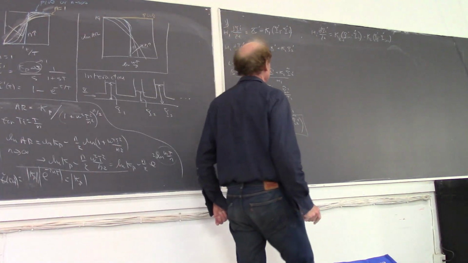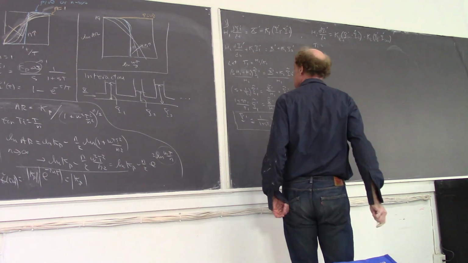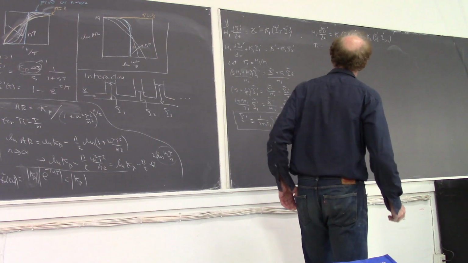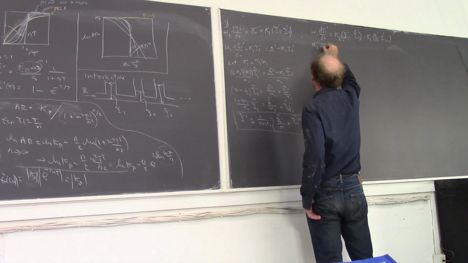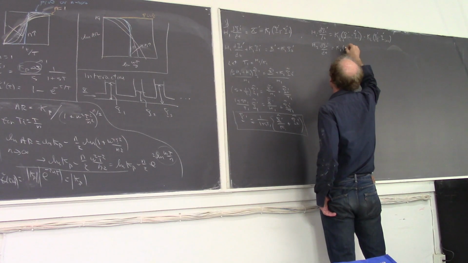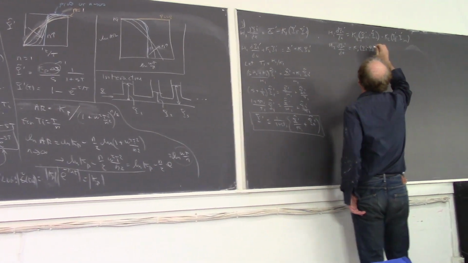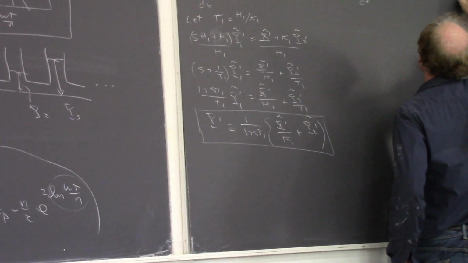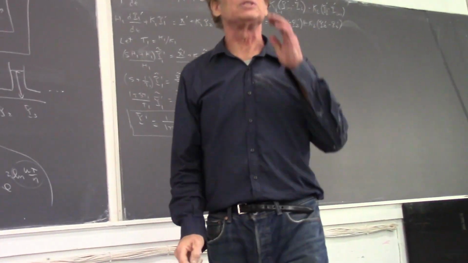And then let's do the same algebra here, and let's do this for 2. So H2 dy2 prime/dt is equal to k1 (y1 prime minus y2 prime) minus k2 (y2 prime minus y3 prime).